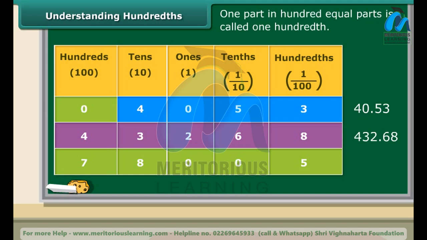Now pay attention to the third row. 7 hundredths plus 8/10ths plus 5 hundredths will make 780.05. We can extend the place value table further from hundredths to thousandths.